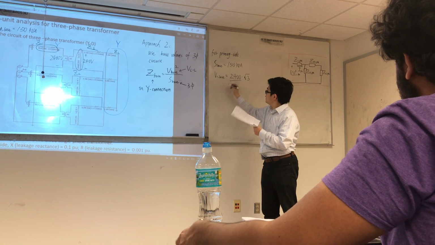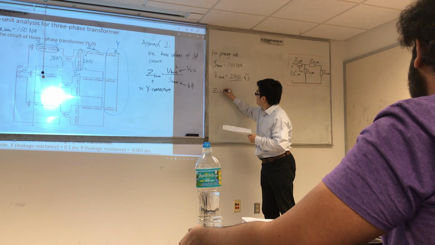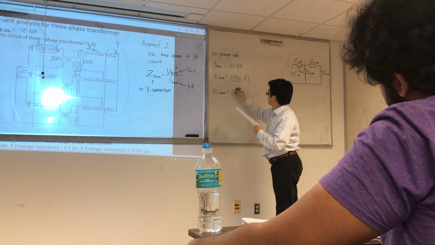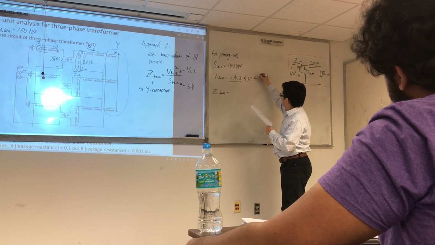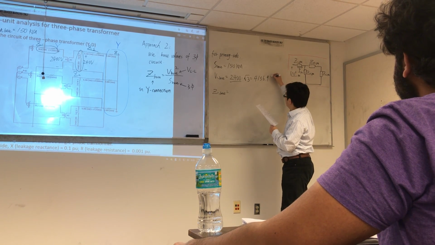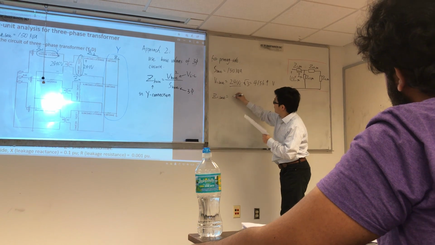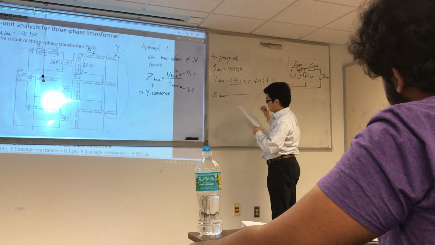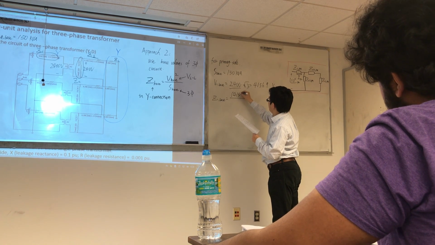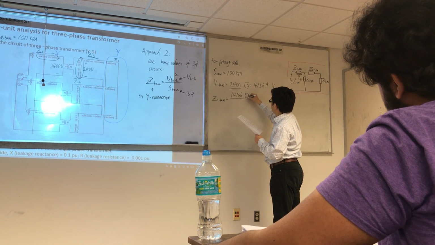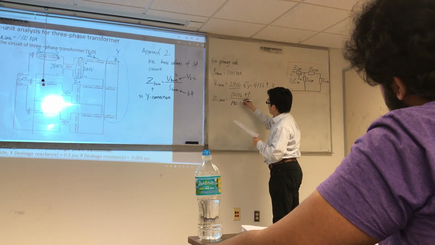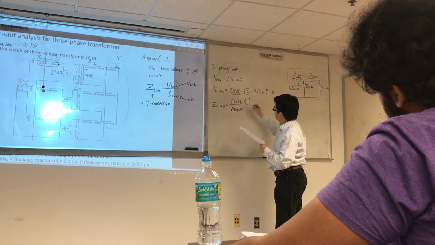Then you can find your Z1 base. This value is 4,156.9 volts. So your Z base is 4,156.9 squared divided by 150K.